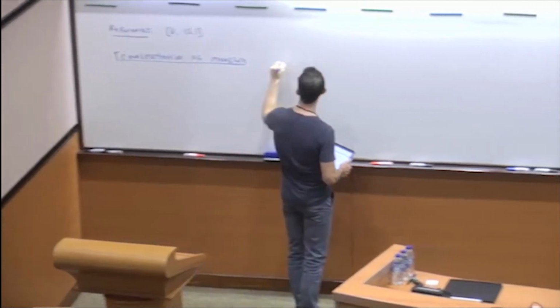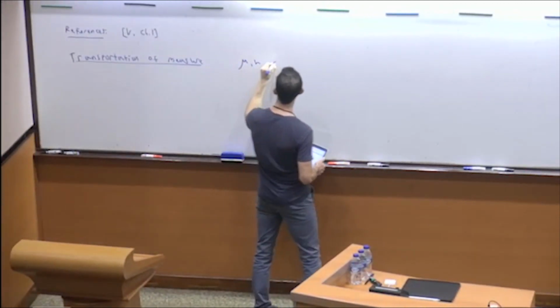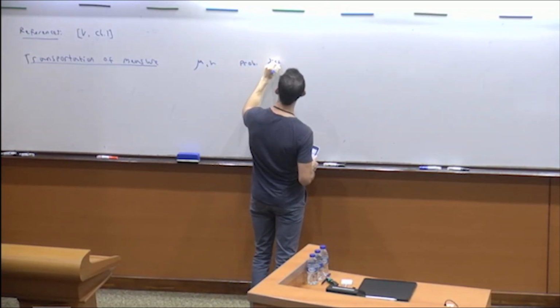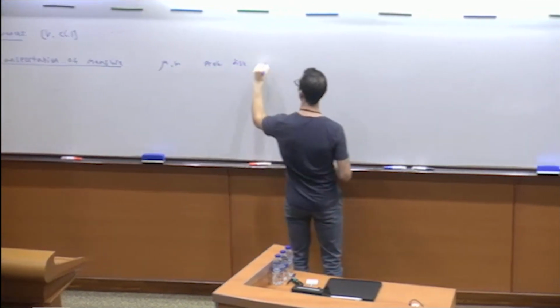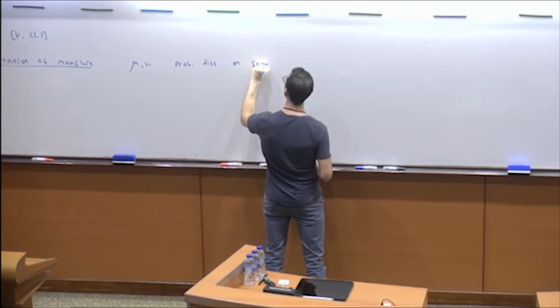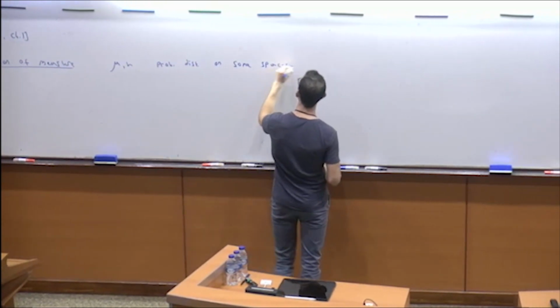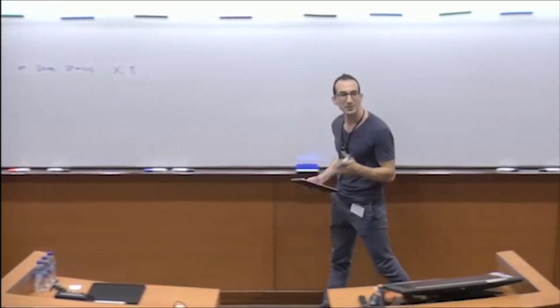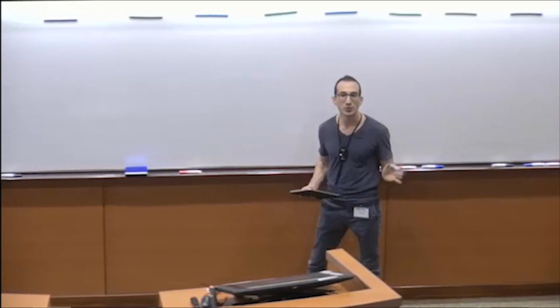So we imagine that we have mu and nu, which are probability distributions in some spaces. Let's call them X and Y. In most of the talks, X is going to be equal to Y and just going to be the Euclidean space.